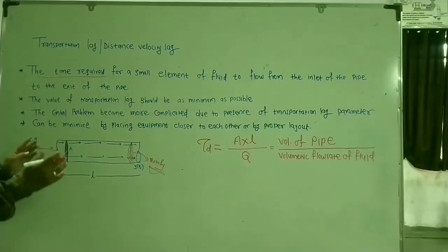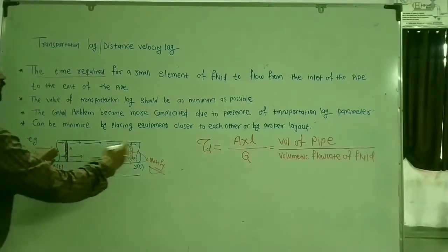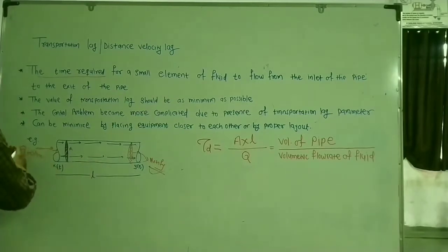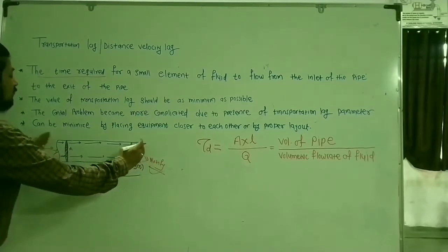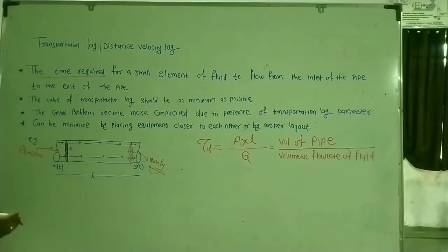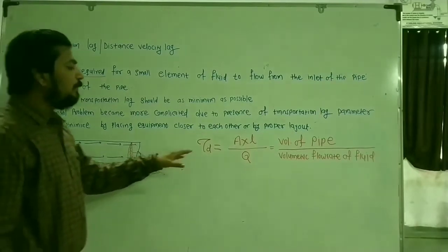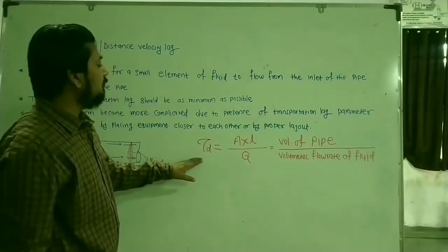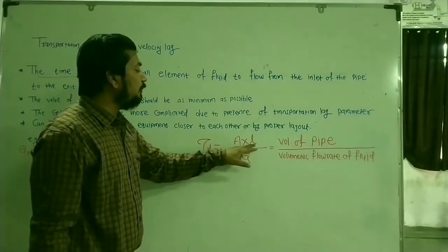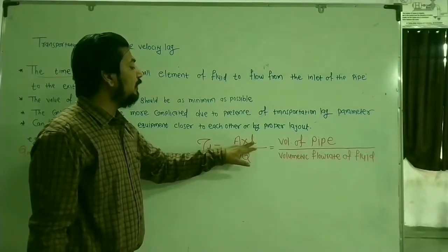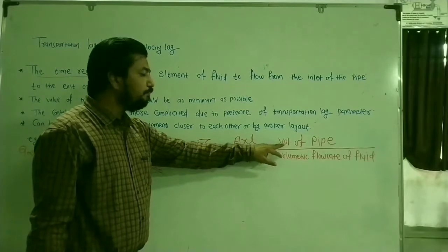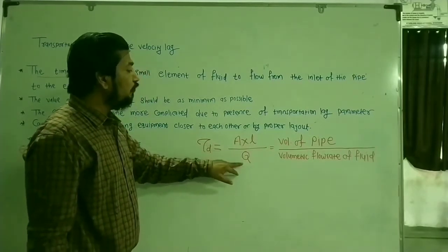So how can I minimize this transportation lag parameter? Either I have to increase the flow rate, or I have to decrease the length of the pipe. Mathematically, the transportation lag parameter can be defined as area multiplied by length divided by volumetric flow rate, which is the volume of the pipe divided by the volumetric flow rate.